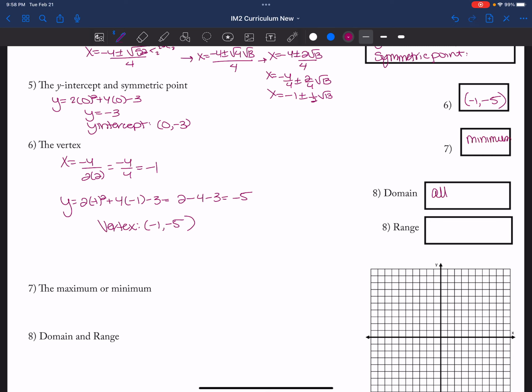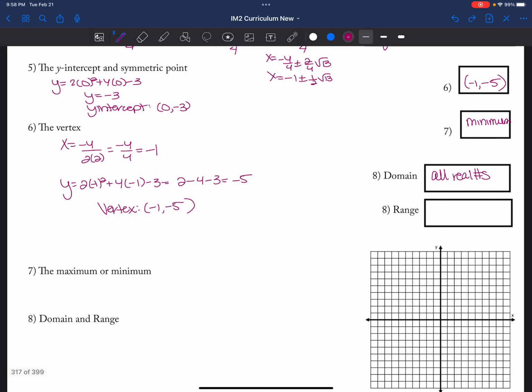And this is all values of x. Let's see, negative 1, 2, 3, 4. Oh my goodness. 1, 2, 3, 4.